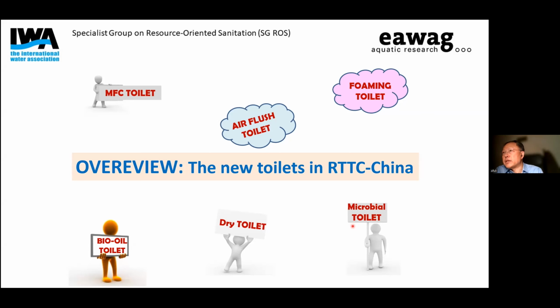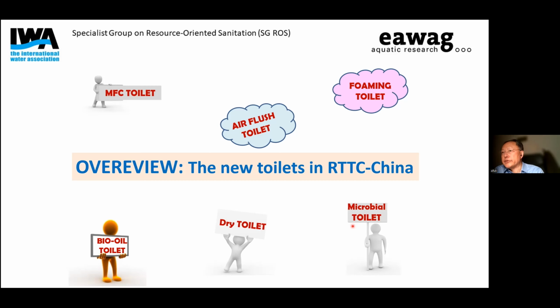We can see the MFC toilet, which uses MFC for black water treatment, the air flushing toilet, and also the foaming toilet, which uses foam to replace flushing water and reduce water significantly.